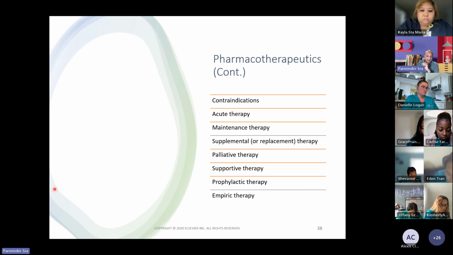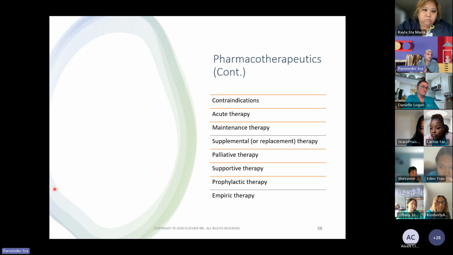And then empiric therapy is the broad spectrum antibiotic given while you're waiting. For example, your patient came in really sick, you pull the culture sample and send it to the lab. The lab may take 2-3 days to tell you which bacteria is responsible and which antibiotics might be effective. But the patient is really sick, you can't wait.